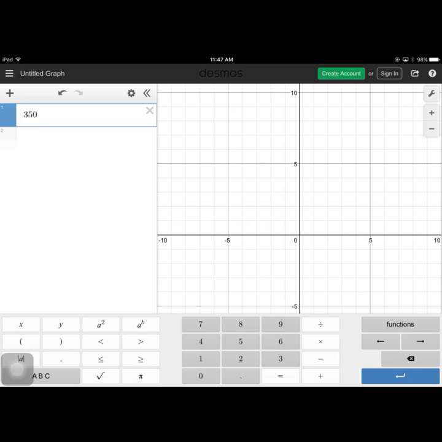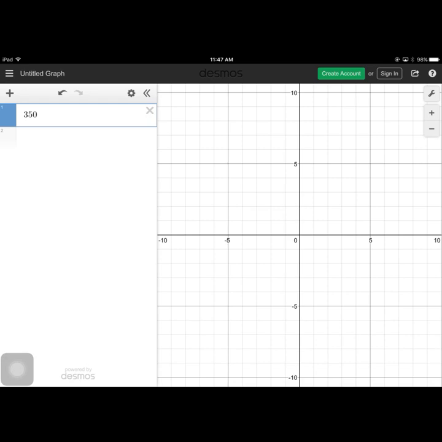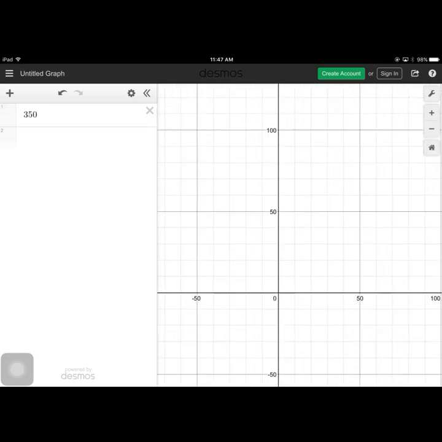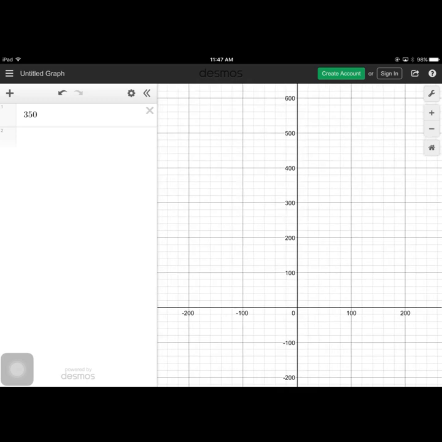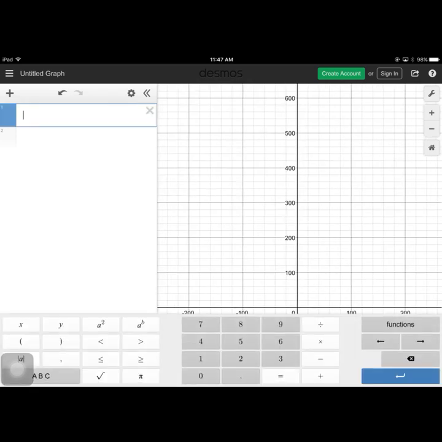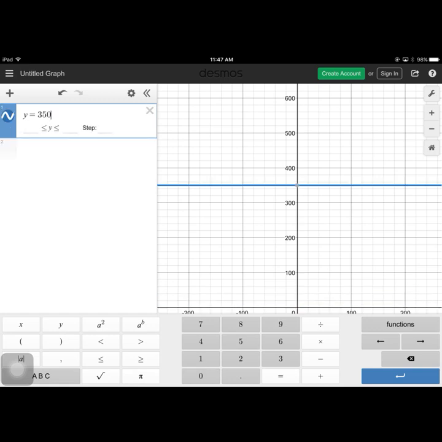So 350, that should be pretty big number, so we need to zoom it in so we can see that y equals 350. So you should have a straight line. Next, we have the right hand side, we're going to enter it as y equals 2765. I forgot the equal sign.